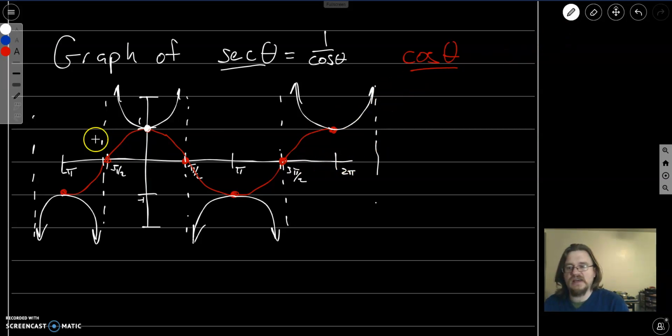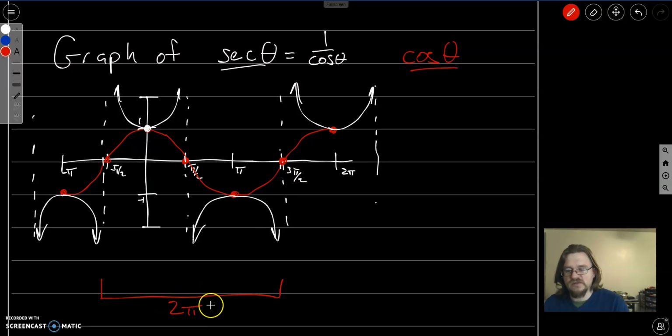And what you'll notice is that they also repeat. So for instance, the secant, let me do this in red, it's a little bit easier to see. We have an upward bowl and then a downward bowl, and then it repeats, and we have an upward bowl and then a downward bowl. And how far across is this?